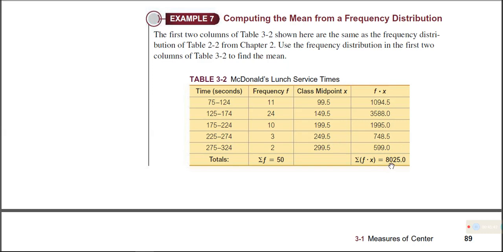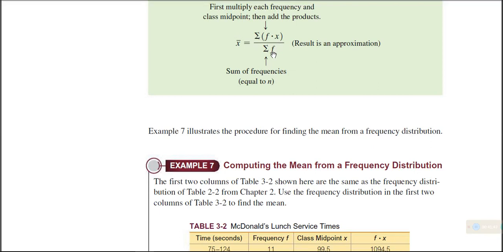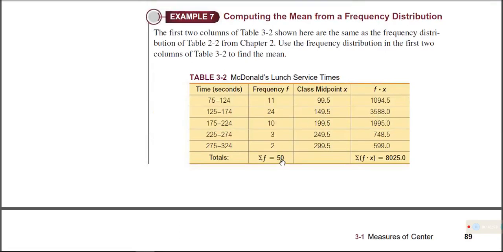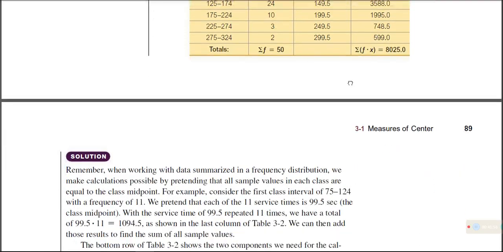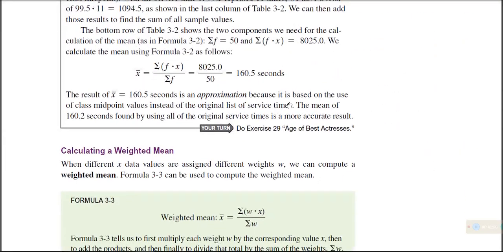Okay, you will end up with 8,025. Ano yung susunod natin na gagawin? According to the formula, i-divide mo lang sila by the total number of observations. The total number of observations ay 50. So, divide it by 50. So, your frequency distribution mean is 160.5. I hope that was clear.